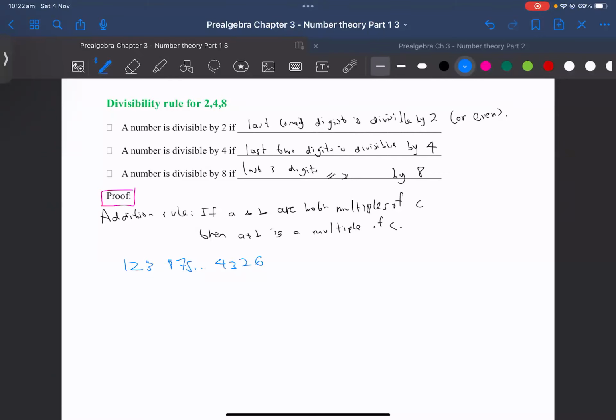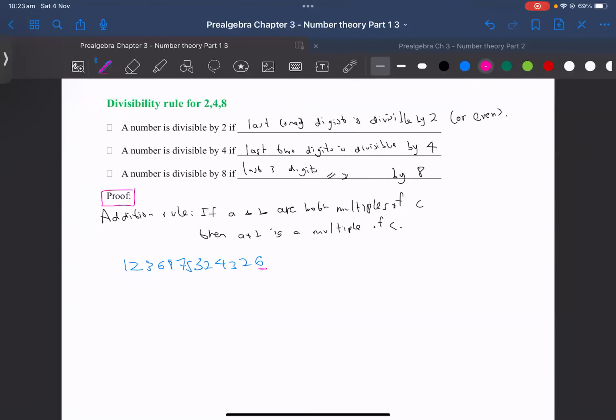It doesn't really matter how long the number is. We only check the last one. Is 6 divisible by 2? Yes, so the whole thing is divisible by 2.